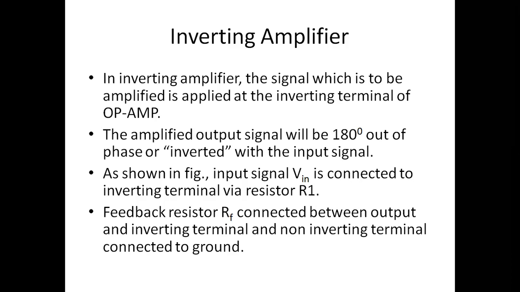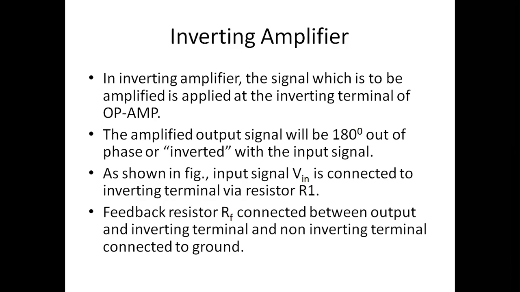We can connect it by using an internal resistance, we can say R. It means if we connect input voltage to the inverting terminal, we can connect it via resistance R1, and we can connect output to the input by using the feedback resistor Rf.